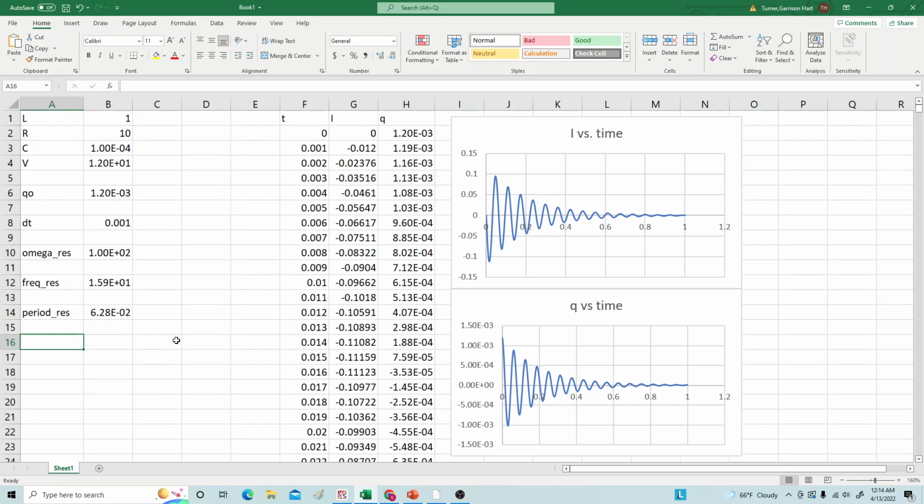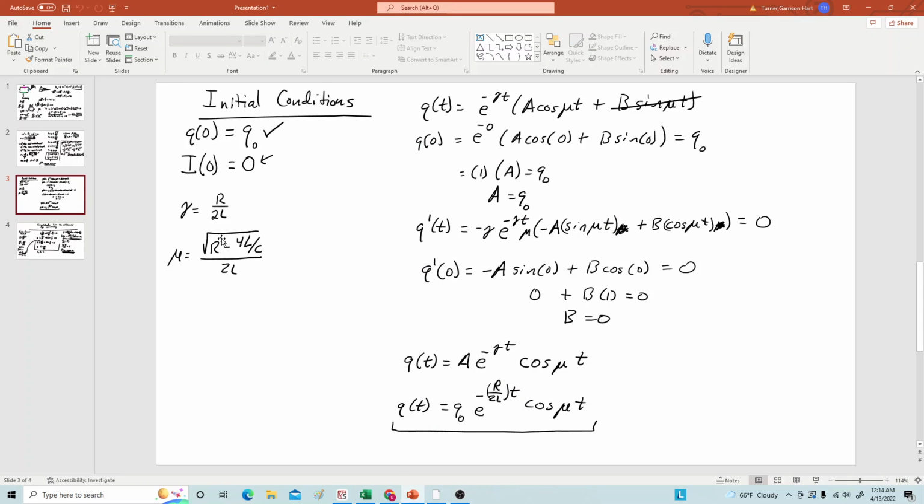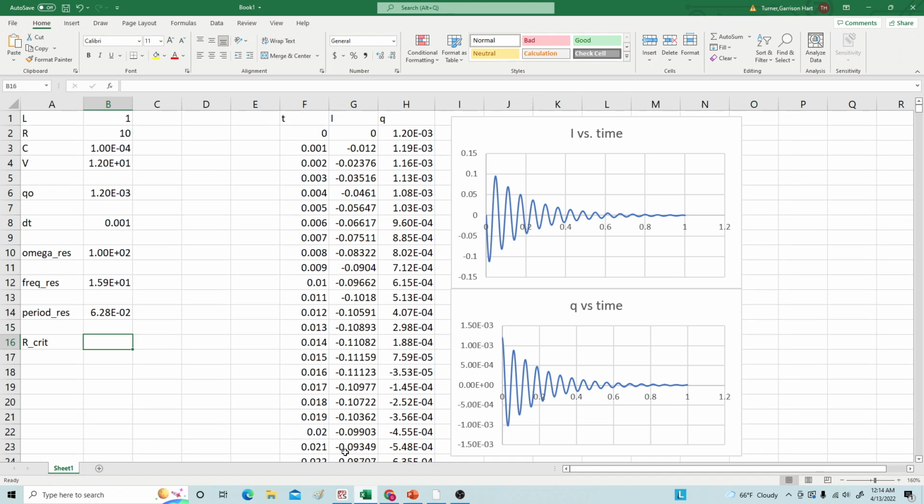So we would set R equal to the square root of 4 times L over C, and it's 200. We can even see what happens if I put 200 in for my resistance here.